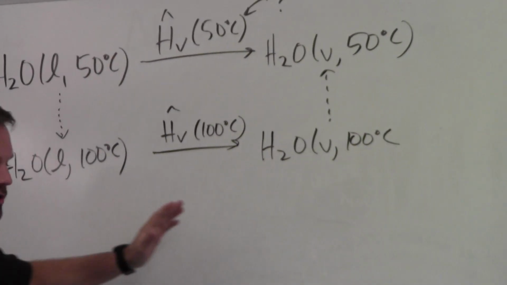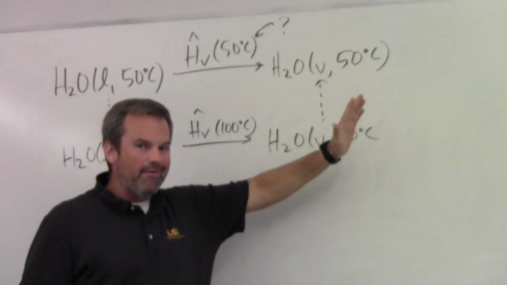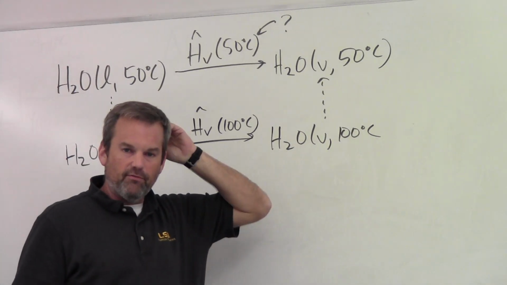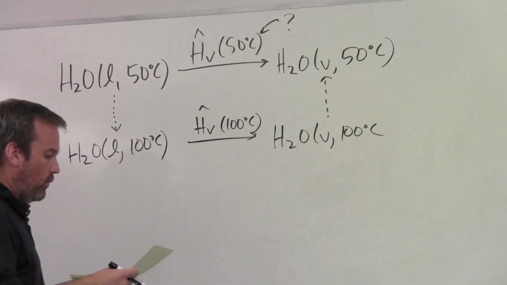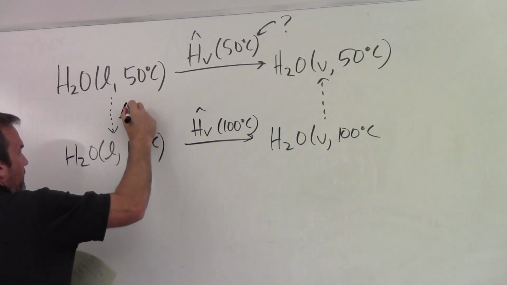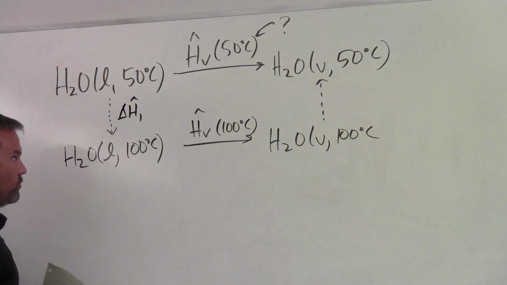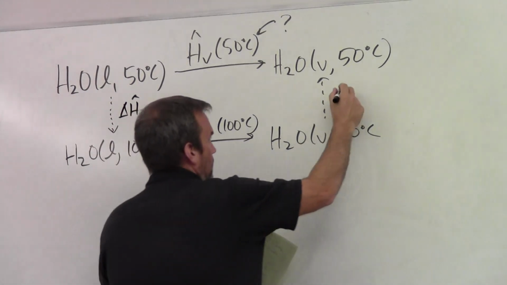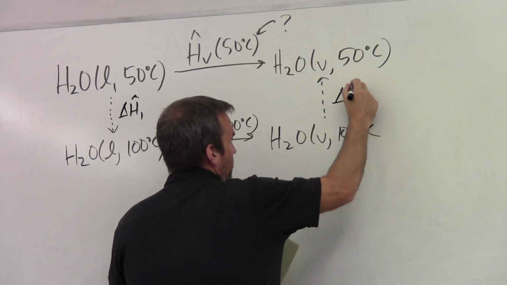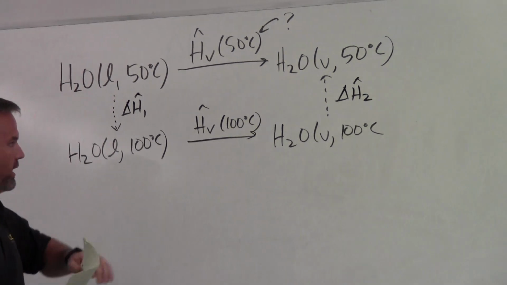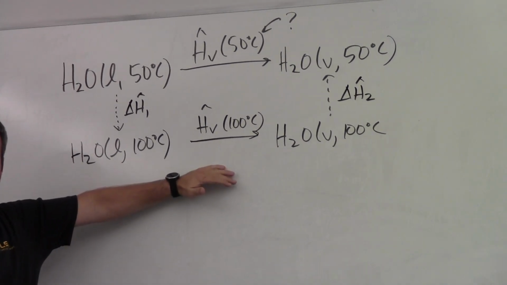Again, this is imaginary. This is not what's really happening, but it doesn't matter because enthalpy is a state function. So in our imaginary world, we'll have some enthalpy change here, delta H1. We'll have some enthalpy change here, delta H2, and then we'll have the heat of vaporization at 100.